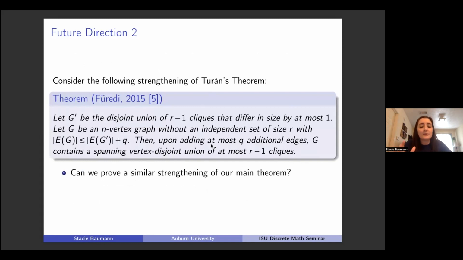I'm not going to read it all, but you can read it. It basically says that if you have a few more edges than whatever the minimum number of edges is, if you add that many edges or some function of that value, you can eventually get that structure. So we think that maybe we could prove something similar with our main theorem, a very similar kind of theorem to those.